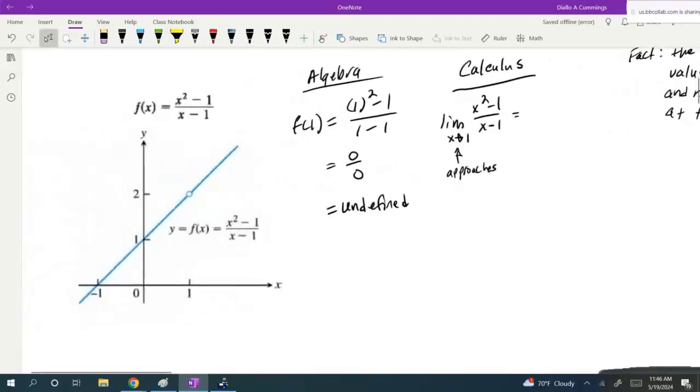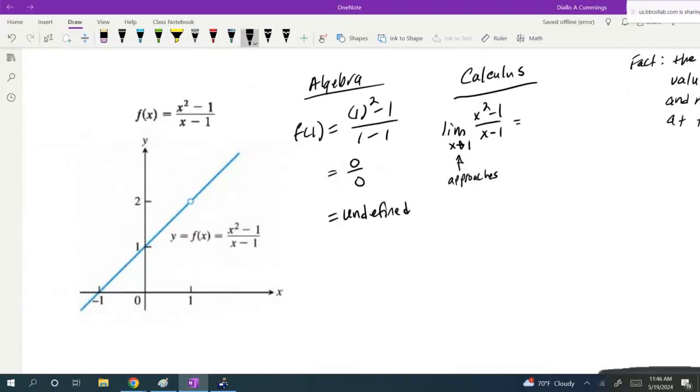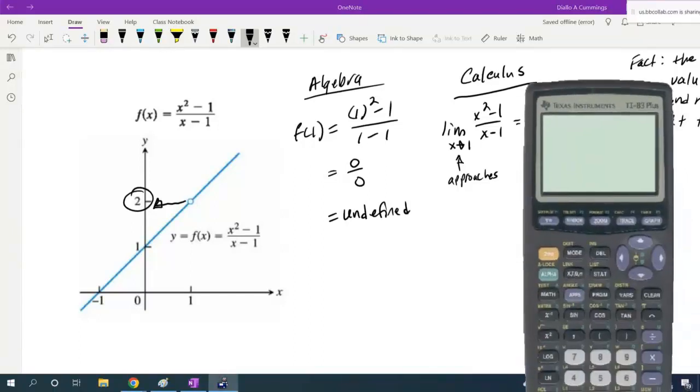So we take a look at the graph, and as x approaches 1 from the left, notice that the y value is 2, and as x approaches 1 from the right, notice that the limiting value is 2. So algebraically, f of 1 doesn't exist, but in calculus, the limit as x approaches 1 is equal to 2. Now we're going to take a look at this on the calculator.